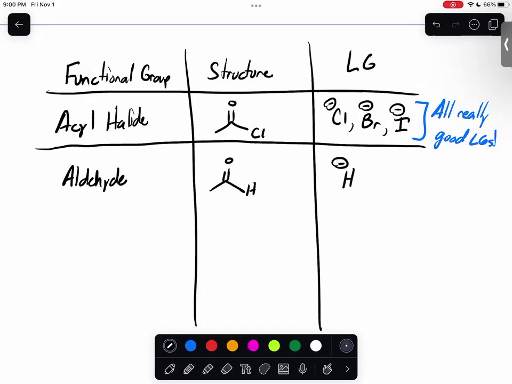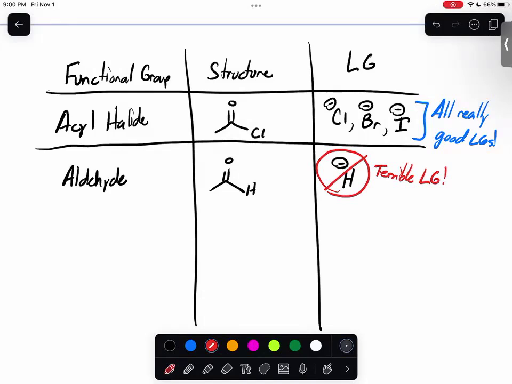Now, I don't know about you, but H minus does not look very pleasant. As a matter of fact, it is a super terrible leaving group. And we know this because when we think about this as a base, it's not very stable. It ends up giving us a pKa of the conjugate acid of about 35. So it is incredibly high energy.